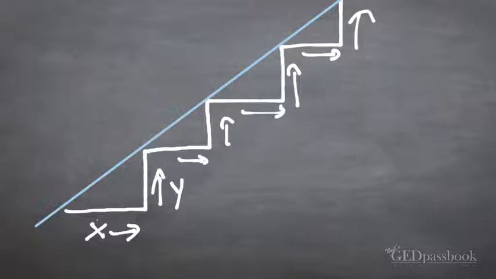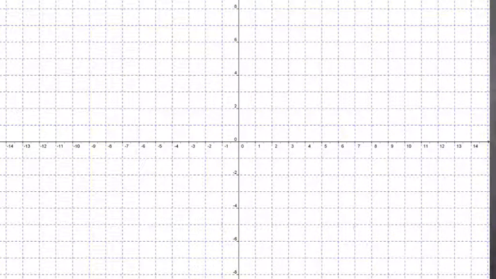So, what was this called again? Could somebody tell me? I heard a voice from somebody. The coordinate plane, which does happen to have 4 quadrants.